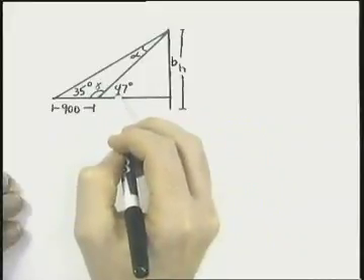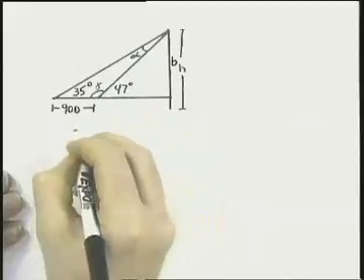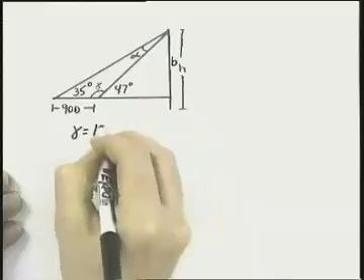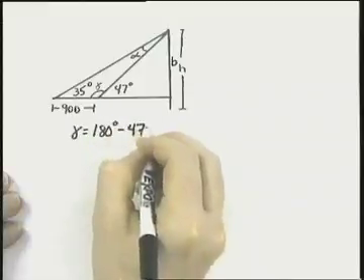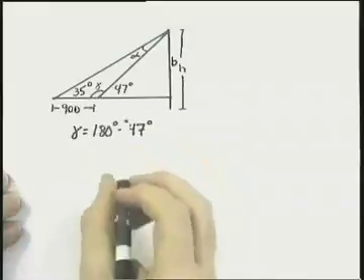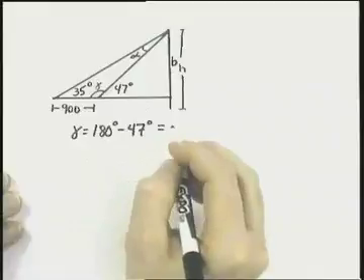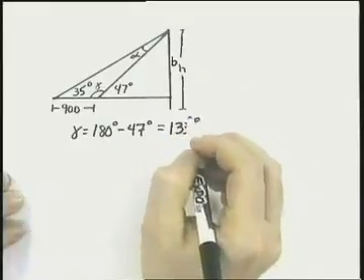This angle is 47 degrees, so the value of gamma is going to be equal to 180 degrees minus 47 degrees, because these are supplementary angles. So gamma is going to be equal to 133 degrees.